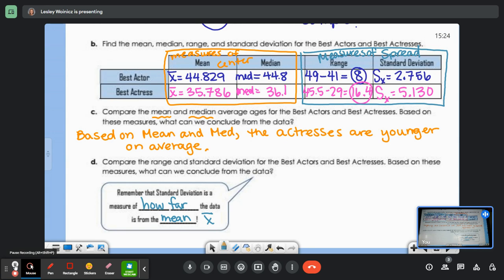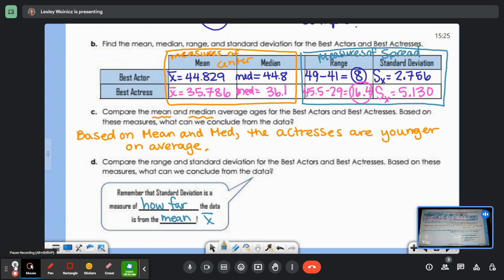Who has the higher standard deviation? The actresses. Who has the higher range? The actresses. Okay, so we know that they're not older because we just said that they were younger. So if the standard deviation and the range are both bigger for the actresses, what does that mean about our data?